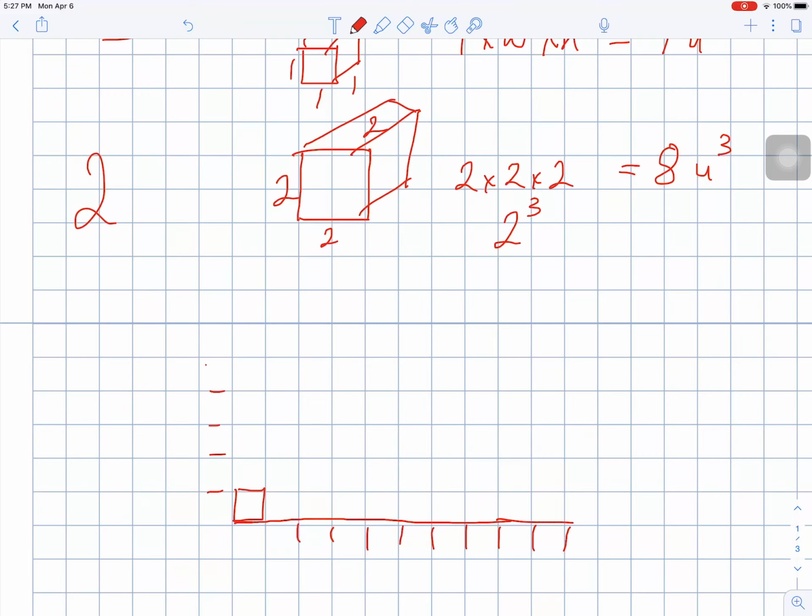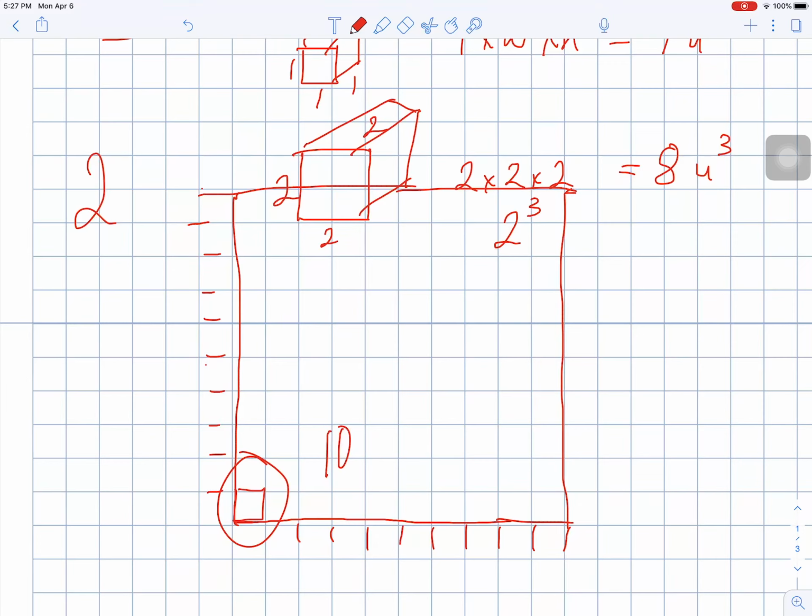So you can see it's going to be a big mural in comparison to what he had before. So there's his mural now.